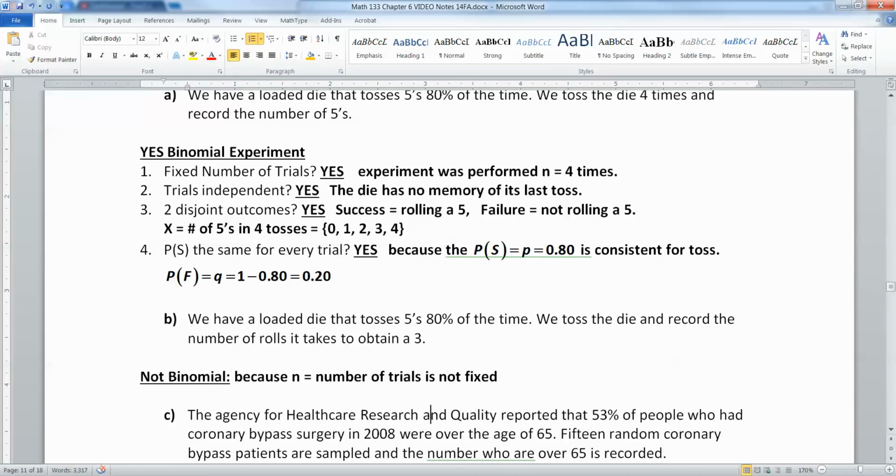So number of trials not fixed, that is no good for you. I'm just going to put dot, dot, dot at the end of this. It could be 2, 3, 4, 5. You could toss it 10 times to get a 3.